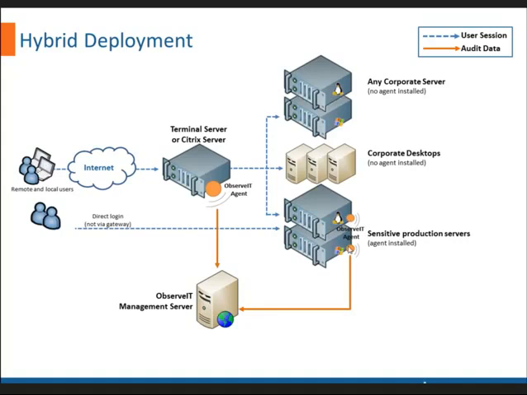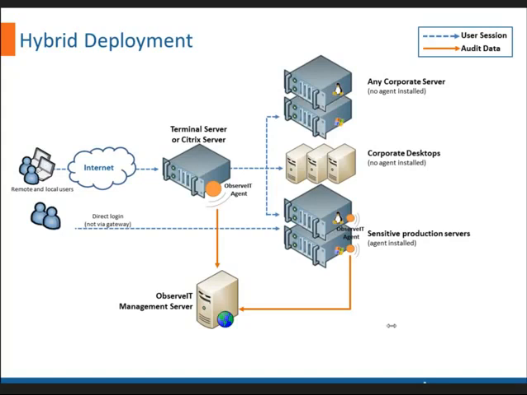But also for specific sensitive production servers, such as where you're storing credit card data that requires PCI audits, you also deploy agents on those specific machines. So when users have direct login rights to those servers, you have additional detailed audit logging for those sessions as well, even if they didn't go through the gateway.